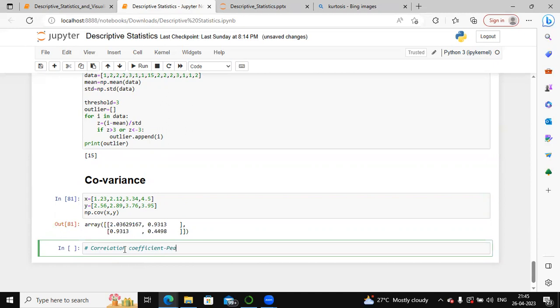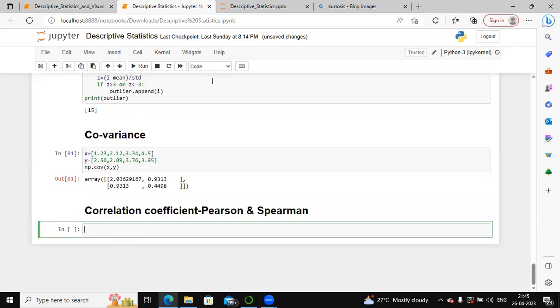Let's do both Pearson and Spearman. For Pearson and Spearman, in scipy.stats we have functions called pearsonr and spearmanr.